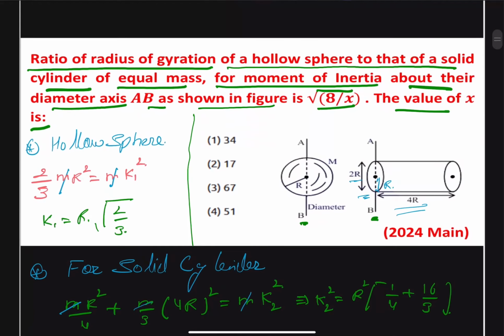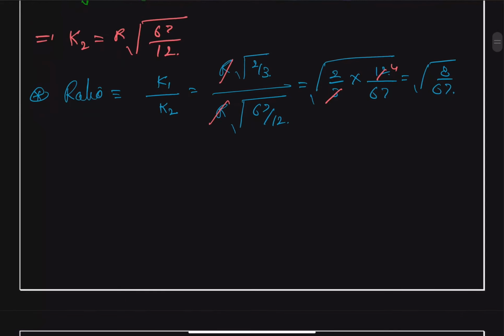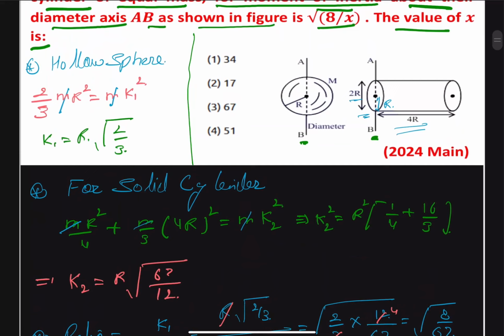It is given as 8 by x, so we can just equate it. We get 8 upon 67 and 8 upon x, therefore x is equal to 67. So option 3 is correct.